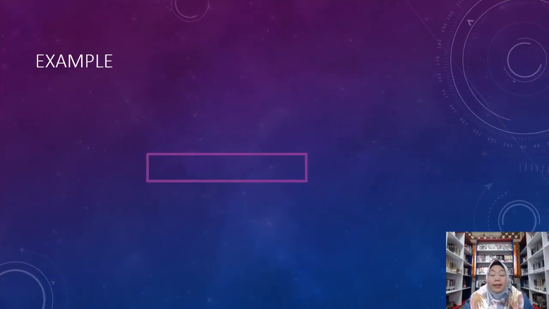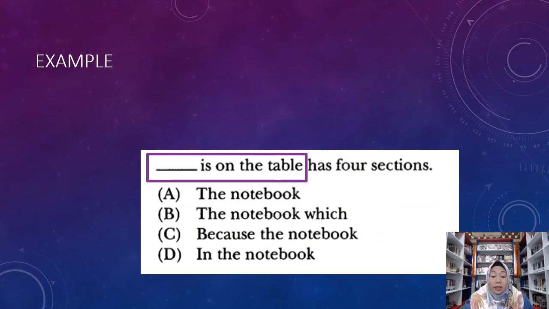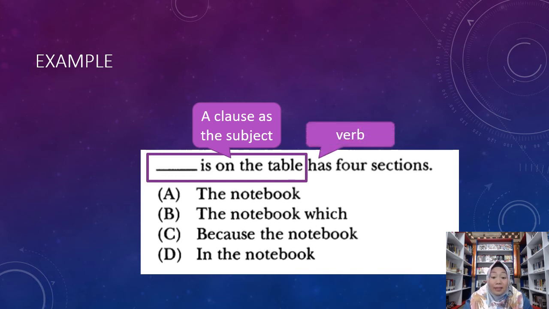Okay, let's take a look at an example of the question in a TOEFL test. Here we have two verbs. We have the verb is and we have the verb has, which means that this sentence has two clauses. So we have to have one connector and two subjects, or probably one subject if the connector also functions as the subject. So what's missing here is a connector and a subject, right?